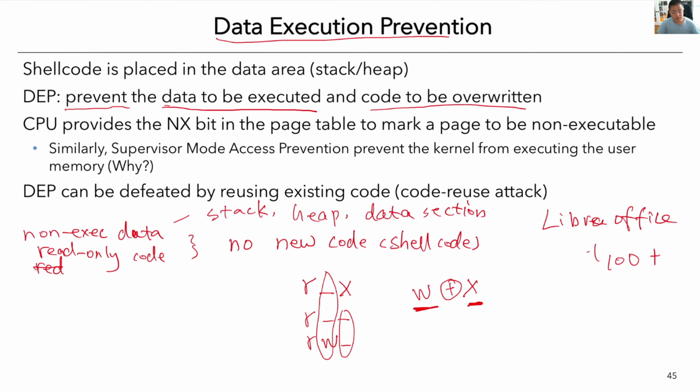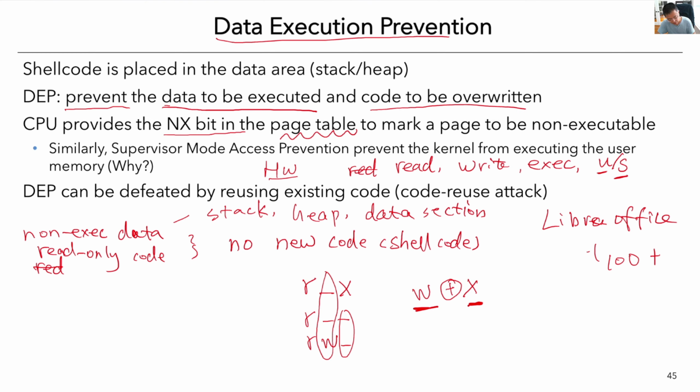So data execution prevention is often provided or enabled in the hardware, specifically the page tables. So the page table has a lot of permissions, like read, write, execute, the privileges, whether it's a user code or the supervisor code or the kernel code.